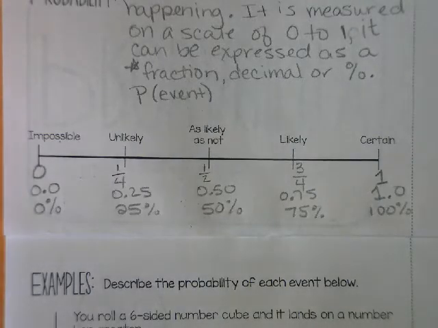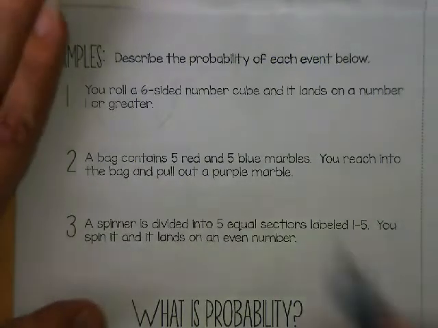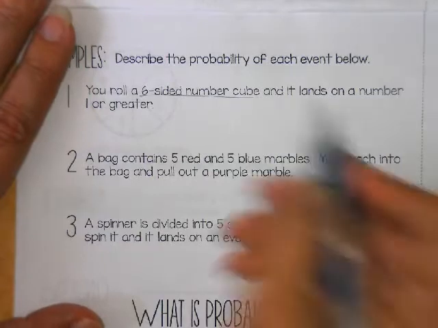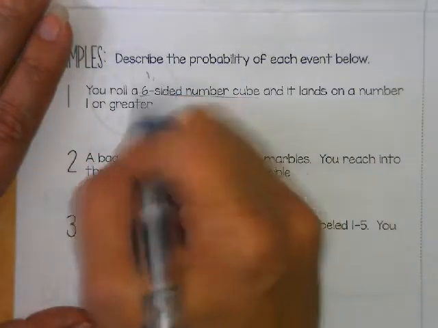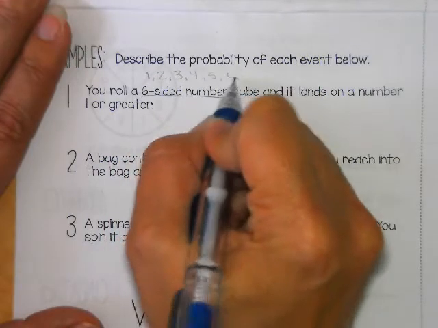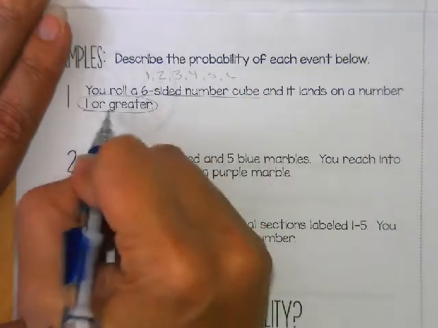Okay, so those are just kind of how we scale things to see what it would look like. Okay, here are some examples of probability. If we roll a 6-sided number cube, also called a die, which is singular for dice, right? So the numbers, whenever you see a 6-sided number cube, we're talking 1, 2, 3, 4, 5, and 6, and it lands on a number 1 or greater.